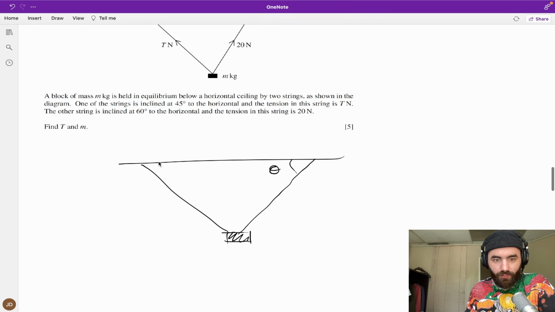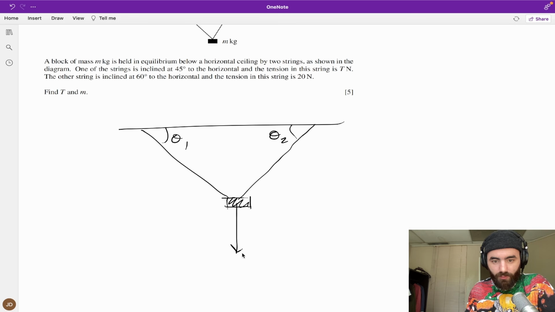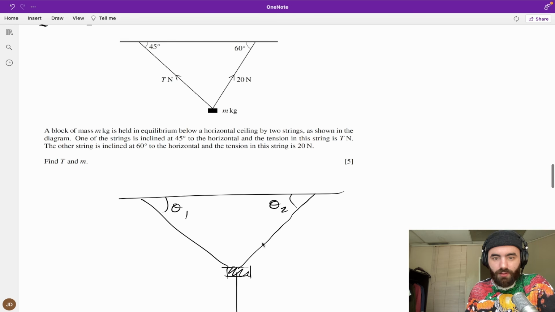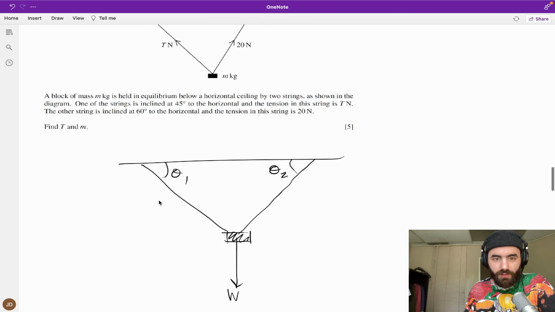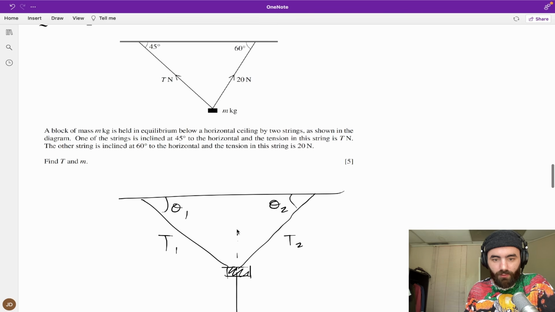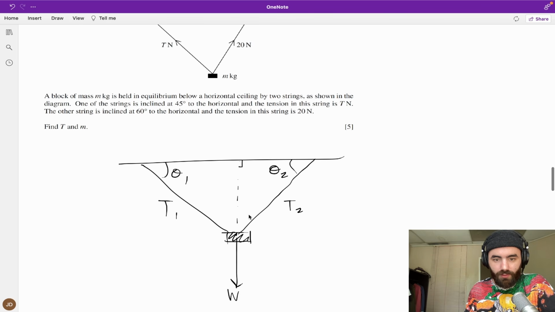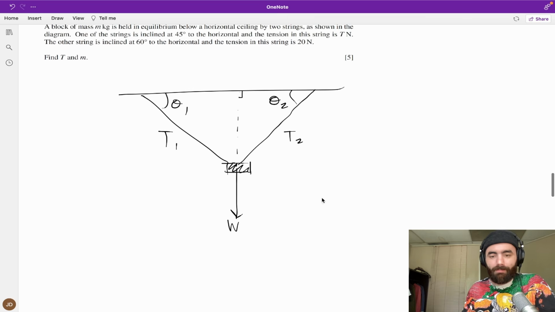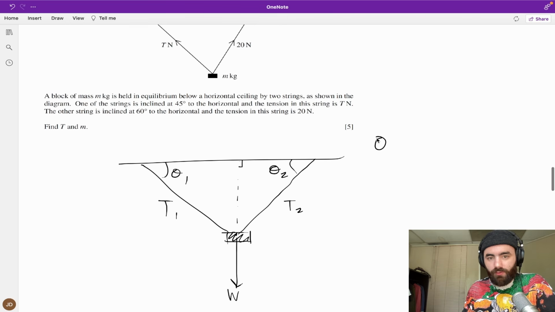This is theta 1 and theta 2. Weight will be acting down, so the weight. What else do we need? We'll call this T1 and T2. Okay, so let's write out what they have. Theta 1 was 45 degrees.